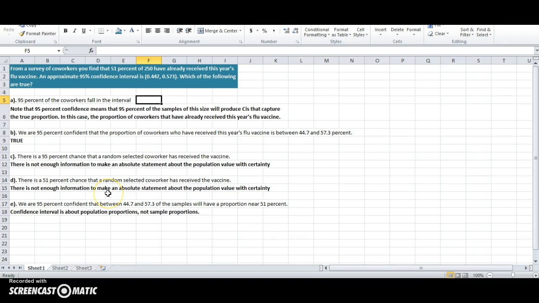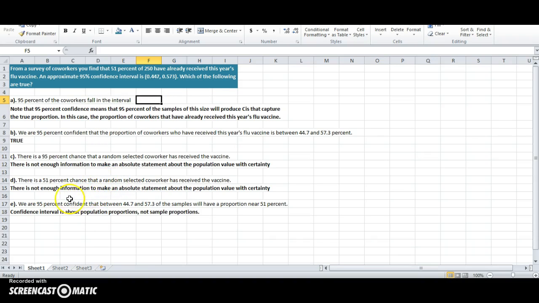Part D, there is a 51% chance that a randomly selected coworker has received the vaccine, and similarly, it's not true. There's not enough information to make that statement. There's not enough information based on this to infer statistically that 51% of the entire population, let alone the sample size. So there's not enough information for part D.